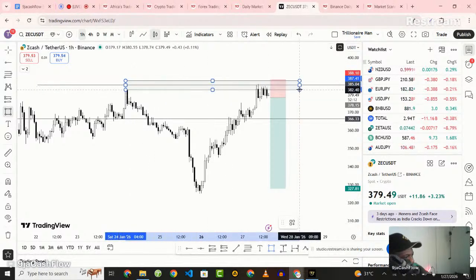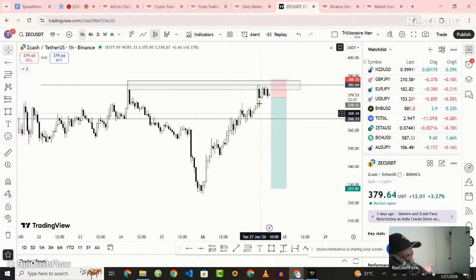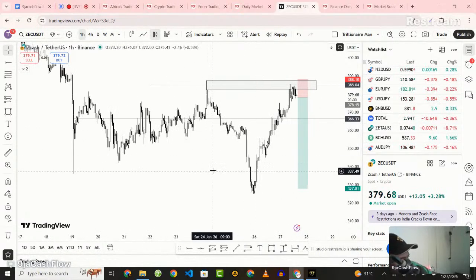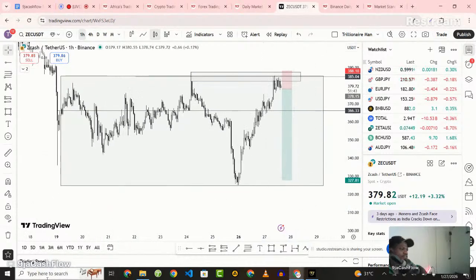This is an area of interest, and we are seeing some bearish momentum here. As a matter of fact, we can even still box here and box here. So yeah, it is what it is.